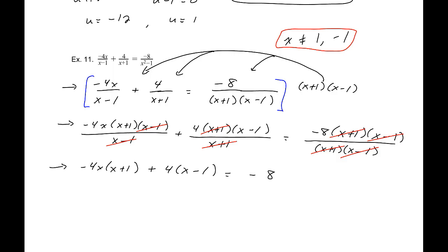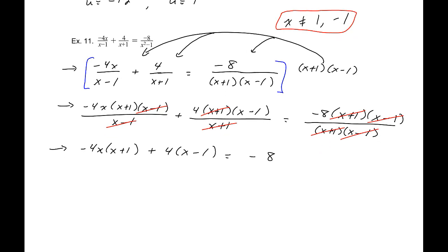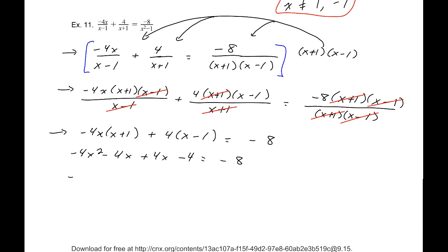We now have a quadratic. We reduce this down to a quadratic. So multiplying this out, we get -4x squared minus 4x plus 4x minus 4 equals -8. Combining like terms, we get -4x squared minus 4 equals -8.